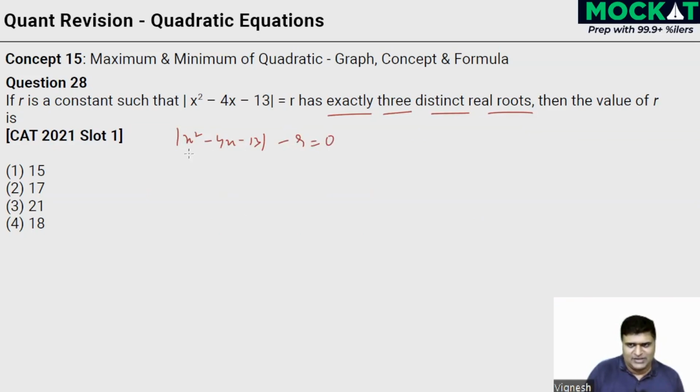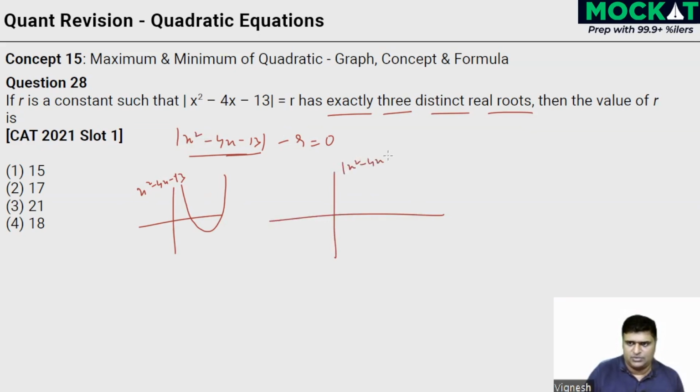So let's work with this one step at a time. This quadratic expression x square minus 4x minus 13 could be like this, right? But if I apply a modulus to it, whatever is negative has to become positive. So it's going to be like this, and like this, and like this. Now, when I pull it down by r, when I subtract an r from it, it should have exactly 3 distinct real roots.